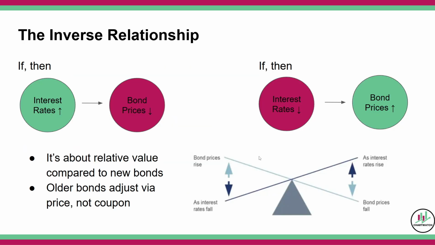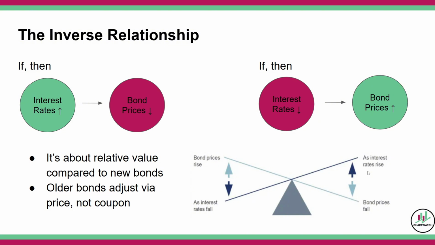So here's one of the most important principles in all of bond investing. Interest rates and bond prices move in opposite directions, which I kind of just mentioned, but I'm going to go over it a little more simply. It may seem counterintuitive at first, but once you understand the logic, it makes perfect sense. Let's say you bought a bond that pays a 5% coupon. Now let's imagine that the interest rate in the market rises to 7%.